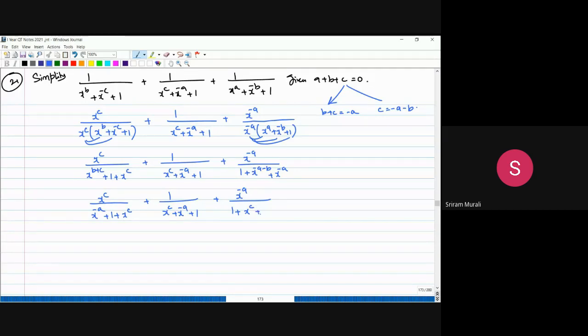This is x power minus A. What is the LCM? x power minus A plus 1, x power C. What is the numerator? x power C plus 1 plus x power minus A. What is the answer? 1. Have you understood? Yes, sir.